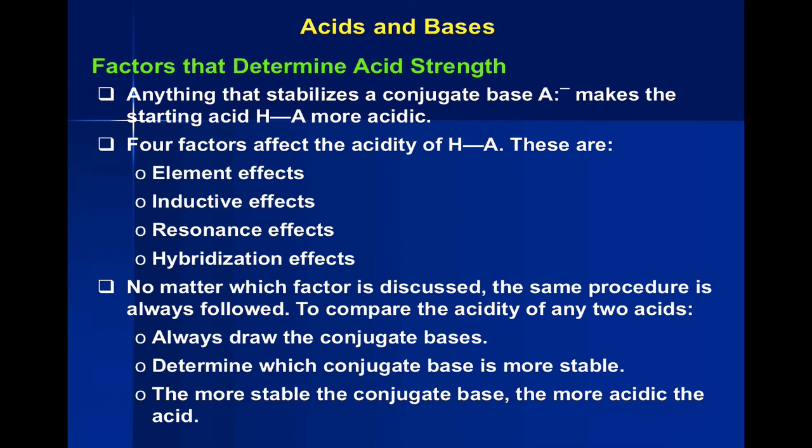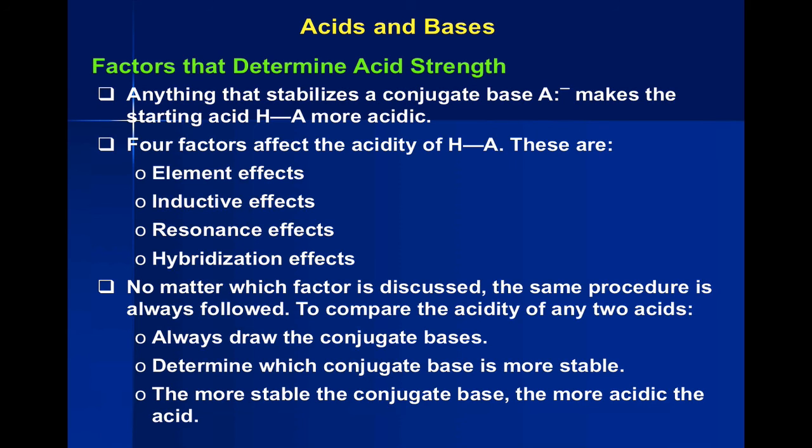Okay? And there are a few factors that come into play with that. There's the element effect. There's the inductive effect. There are resonance effects, and there are hybridization effects. So anytime I give you two acids and I ask you which one is the strongest acid, you're going to take both acids, dissociate them, and look at the anions. And you're going to say, this anion is more or less stable than that one, and therefore that must belong to the stronger acid.